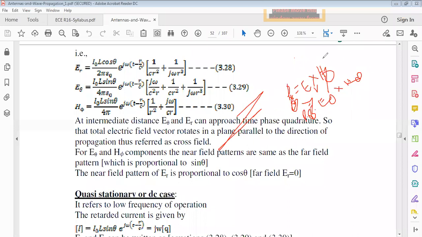Remember this point. Just multiply these terms. First multiply ER and H phi, and simplify these two terms. Similarly, multiply E theta and H phi and simplify.